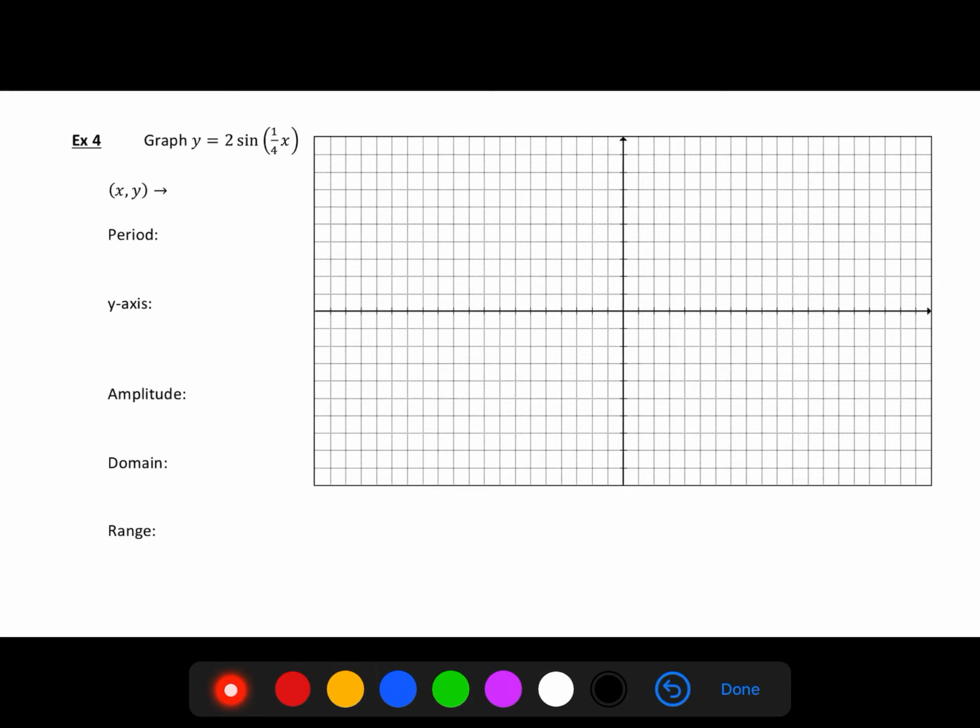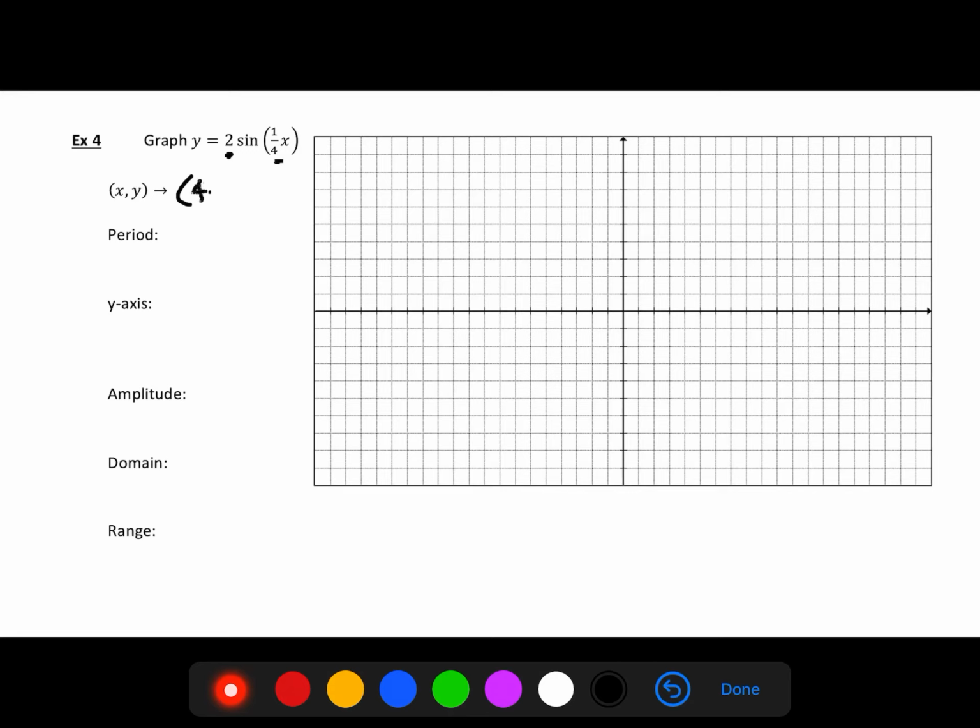Key points are still going to happen 5 in a cycle: 0, 90, 180, 270, 360. Those numbers may change though accordingly. Taking a look at this, the 1/4 in here means it's going to be a stretch of 4, opposite to what this number does.